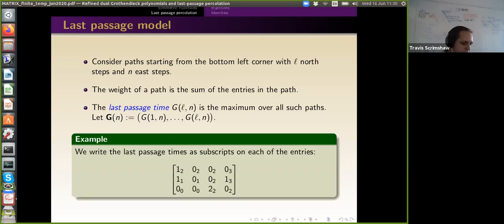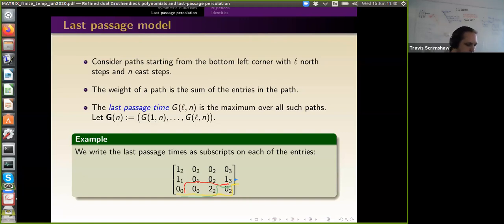And so as an example, let's say for this entry here, I've written the last passage time as the subscript. And I have a few different paths. I can go kind of up like this. And as another one, I can go over, up, and over like this, or even just going over and up like that.